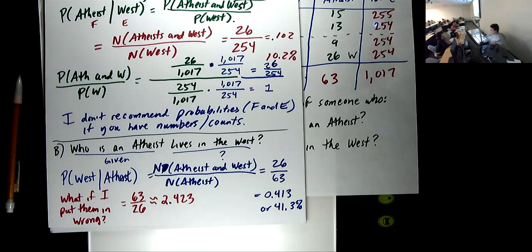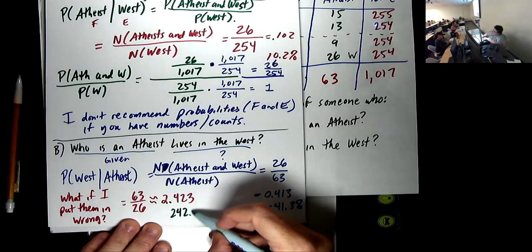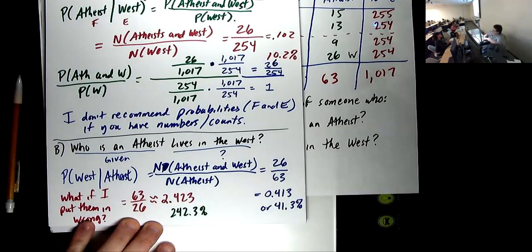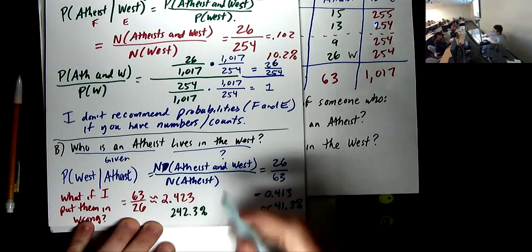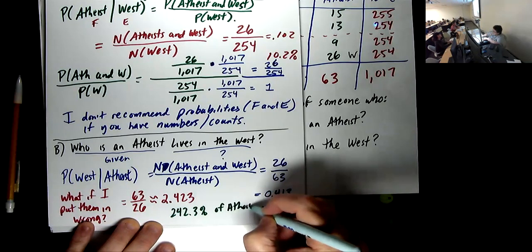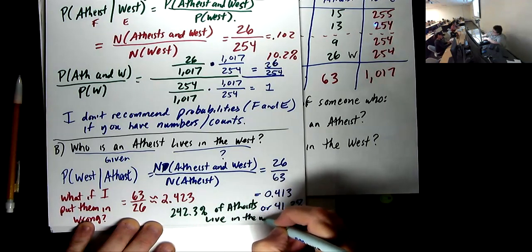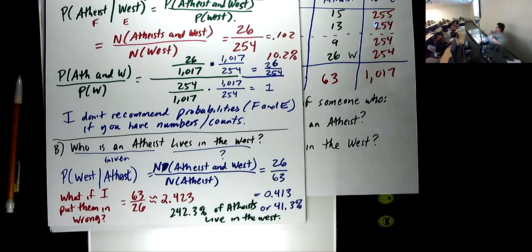It means 242.3% of atheists live in the West, if I put it into words. Does that make any sense whatsoever? No.